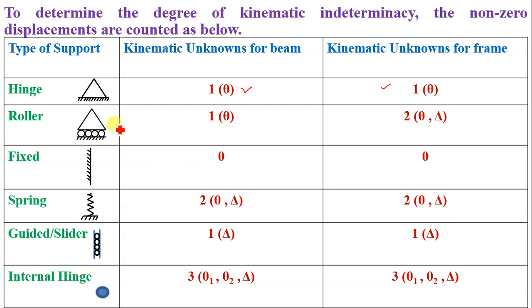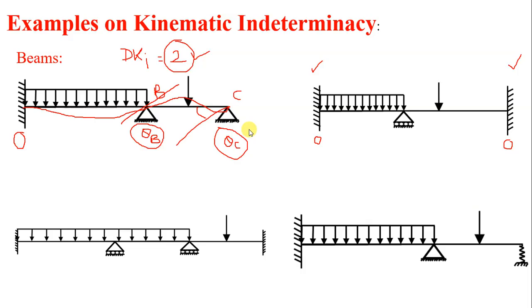If you come to the table, in case of a beam, if a roller is used, only 1 degree of freedom is there and that is rotation, and therefore if this support is named B, only one rotation is possible at this support and that rotation is theta B, the slope at B. So for this beam, the degree of kinematic indeterminacy is equal to 1, meaning only 1 degree of freedom is there. The beam will deflect like this.